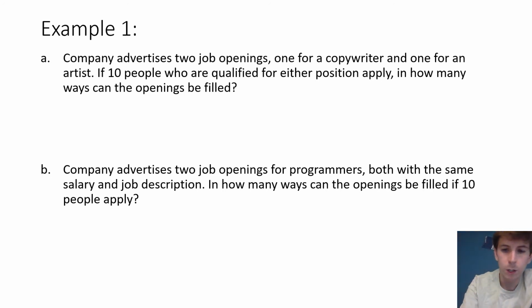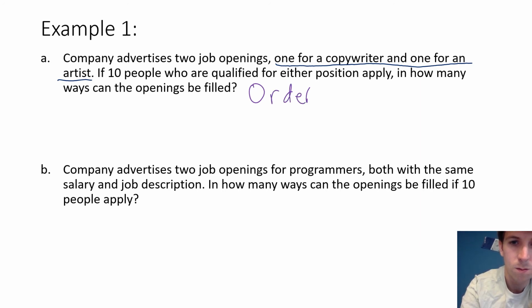Here the order is going to matter because we have these 2 distinct positions. It's very similar to that president, vice president, treasurer type thing, except here we have copywriter and artist. Since the order matters, it's going to be a permutation.